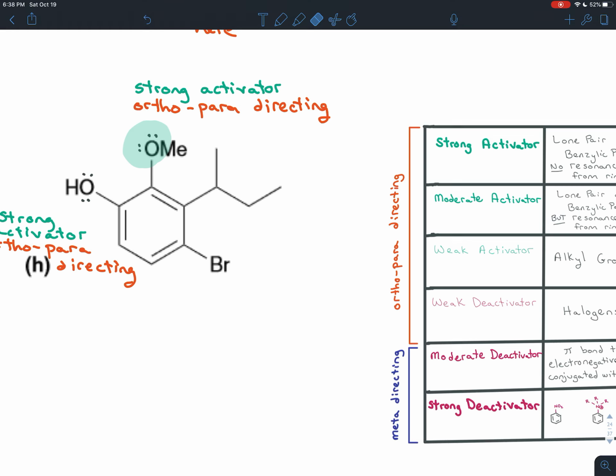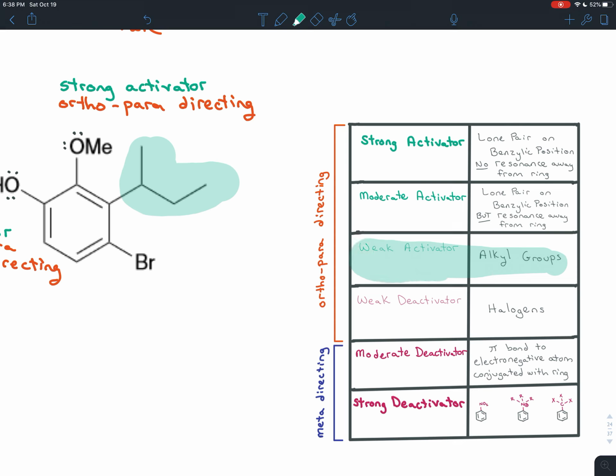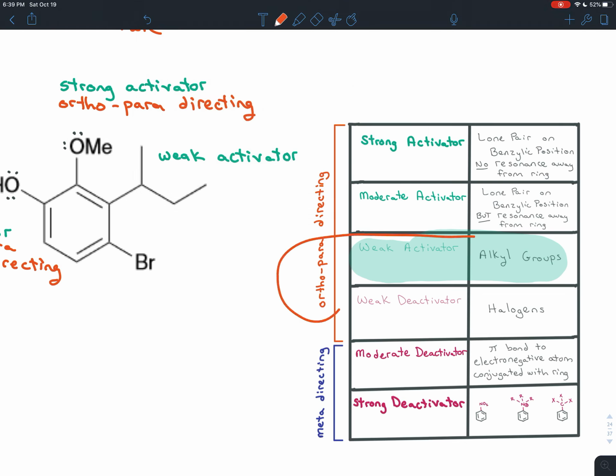For our third branch, it's an alkyl group. This is a hydrocarbon chain, and alkyl groups, any hydrocarbons, are weak activators. So that's going to be a weak activator. And all activators are ortho-para directing.